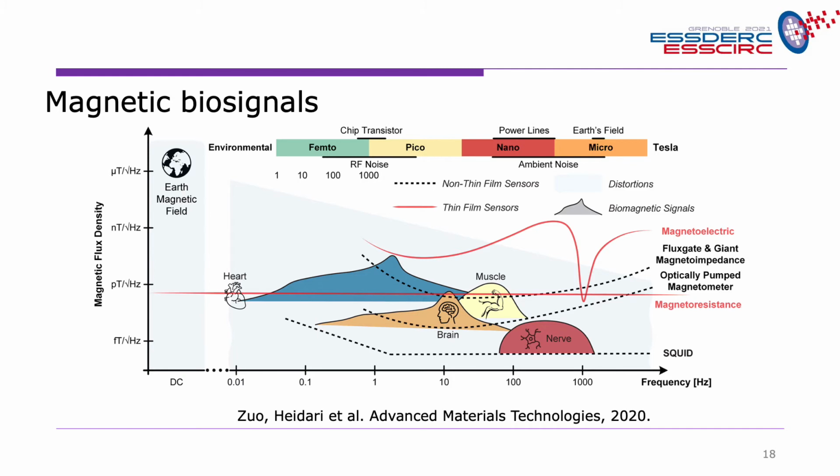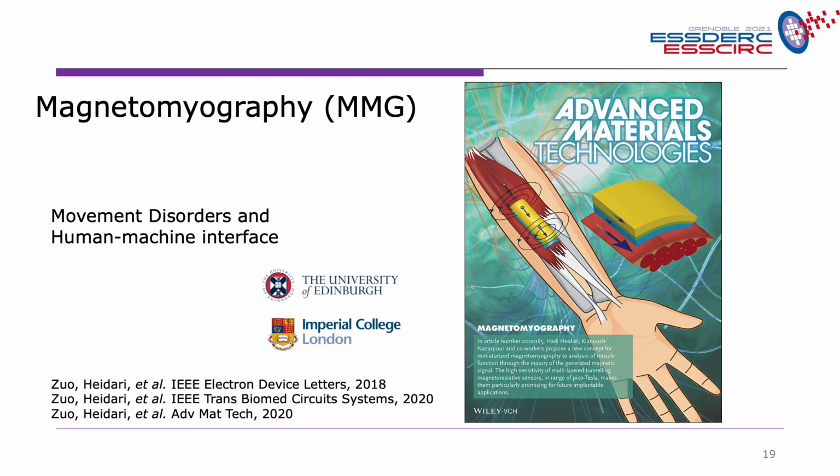As the first example in this lecture, we want to discuss our research on muscle detection, which is called magnetomyography. Magnetomyography is the recording and measuring of the magnetic field from muscles.